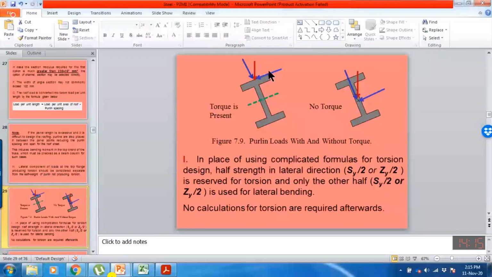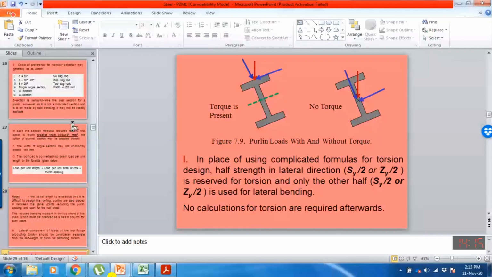This component of the load, which is acting along the x direction, is producing the moment about the y-axis, and this load component, which is acting in the y direction, will produce the moment about the x-axis. And in this case, we also have additional torsional stresses.